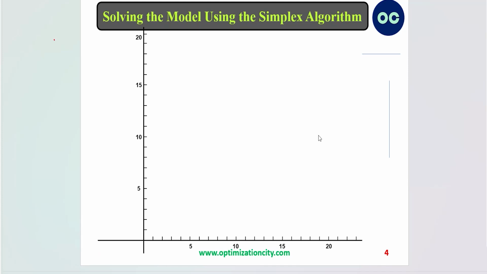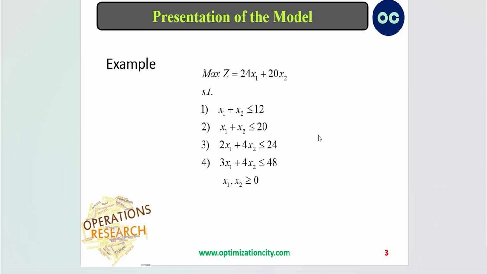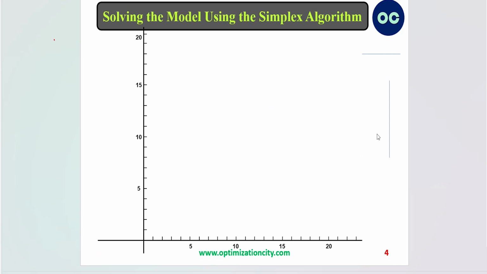To solve this model graphically, first we plot the feasible region by graphing each constraint as follows. We start with constraint number 1. Plot the line using 2 points, 12, 0 and 0, 12.